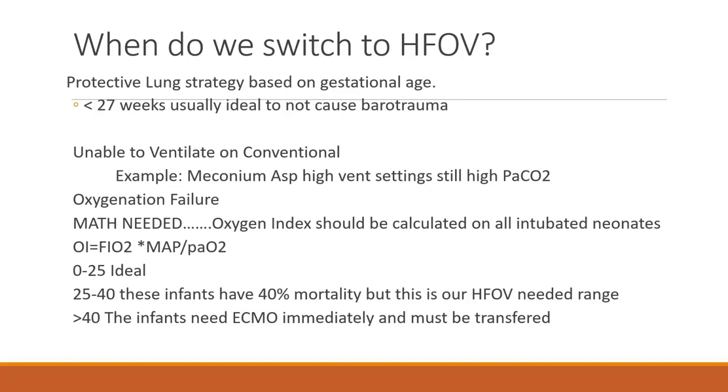These babies are having oxygenation issues, and they're probably on higher MAPs, and they're needing higher oxygen. There's some reason one of those numbers is making the OI higher, and they're having poor PaO2. If the numbers are approaching 40, that's when the team is going to start thinking about shipping them out because they need VA ECMO minimally.